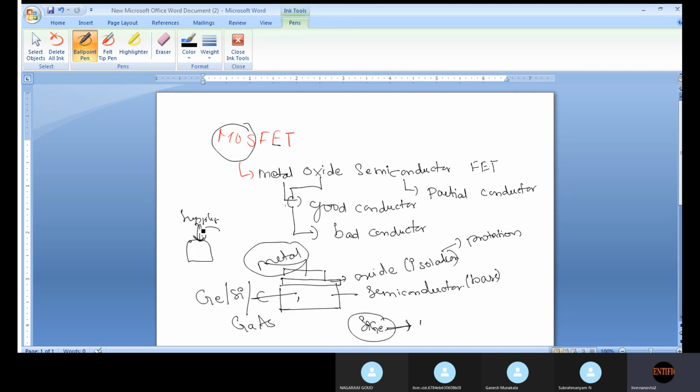Okay, so wires as metal layer is used for interconnects and wires. This is about metal oxide semiconductor.